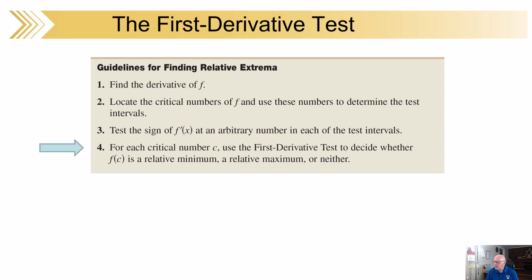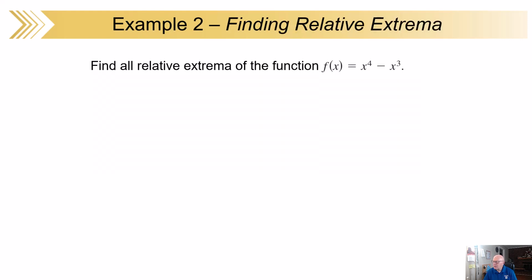Next, for every critical number, use the first derivative test to decide whether it's a relative minimum or a maximum or neither. And as you'll see coming up, a good way of doing this is to make a small table that has those critical numbers and those intervals, and you can test it with that table.